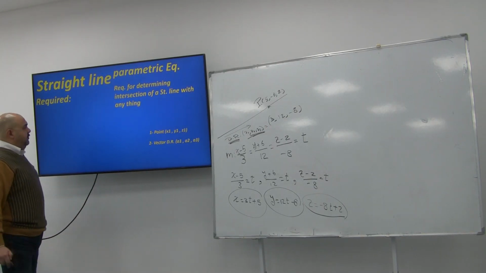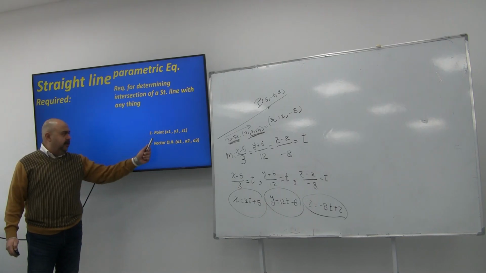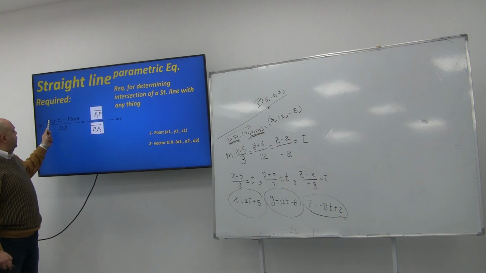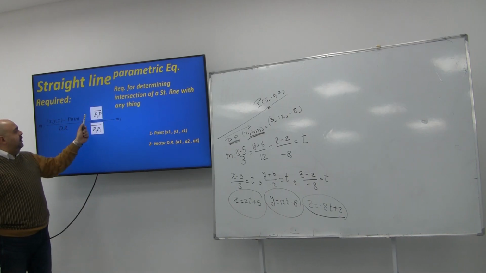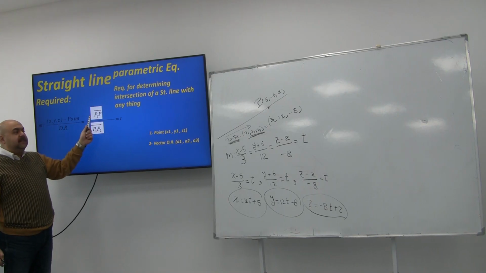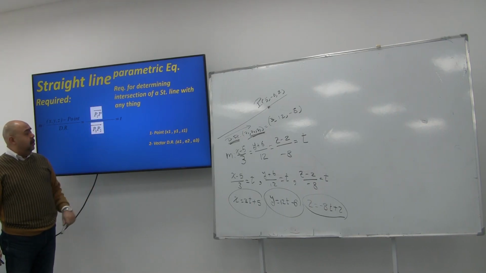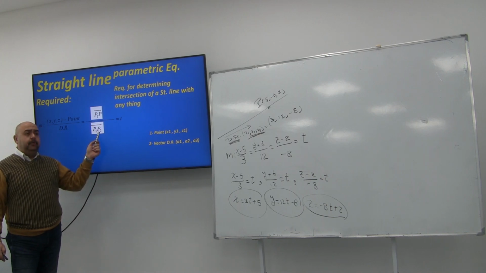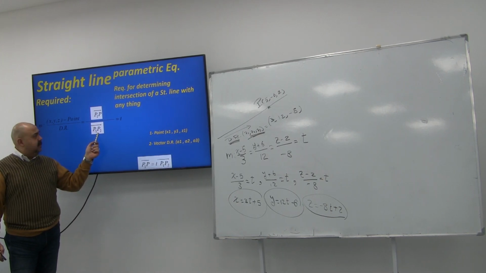Now, I should have a point and a direction vector. So simply, all I have to do is to get x, y, z minus the point over the direction ratio. So this explains that I have b1, b2, and b3 for the direction vector of this straight line.